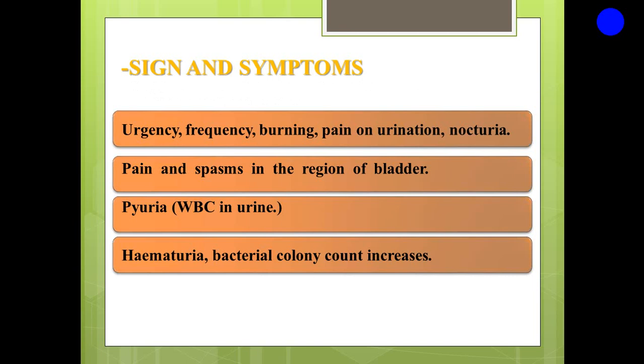Other signs and symptoms: urgency, frequency, burning sensation, pain on urination, nocturia, pain and spasm in the region of the bladder, pyuria, which is defined as white blood cells in urine, hematuria, and increased bacterial colony count. Hematuria is also defined as blood in urine.